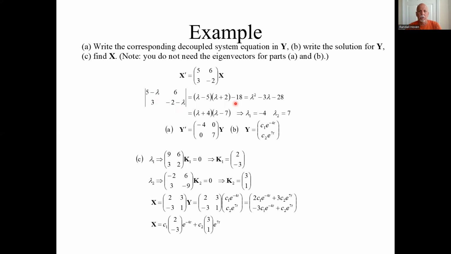Did all that before, you get a quadratic, -4 and 7. So here's the decoupled system equation. All I need is to write a diagonal matrix with those two eigenvalues on the diagonals. And the solution is a coefficient times e to the -4t, another one with e to the 7t. Order has to match this.